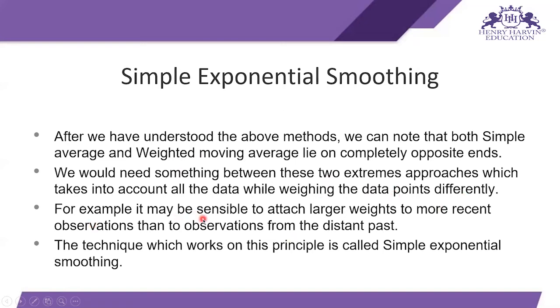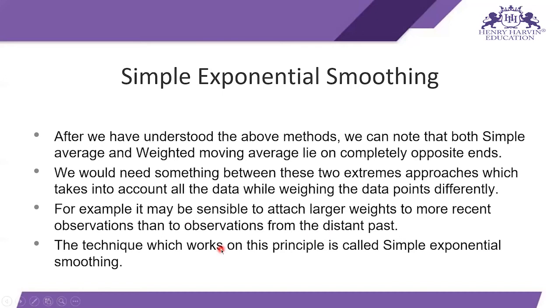For example, it may be sensible to attach larger weights to the more recent observations than to the observations from the distant past. So basically, we are giving larger weights to the newer observations and less weight to the past observations.